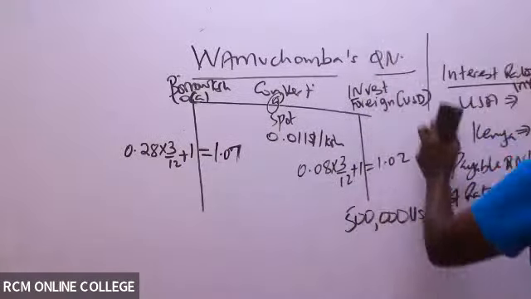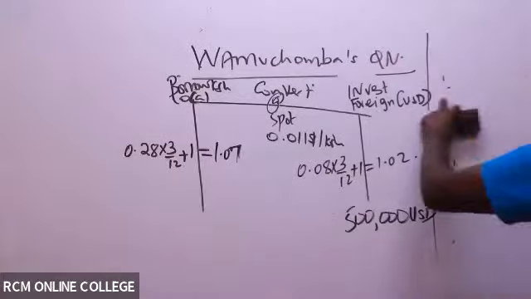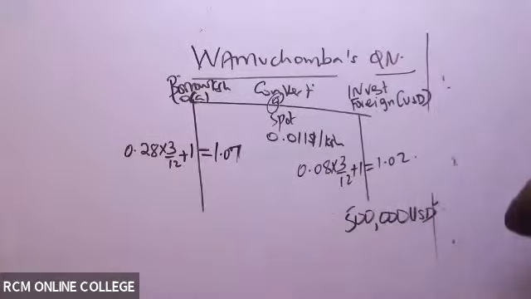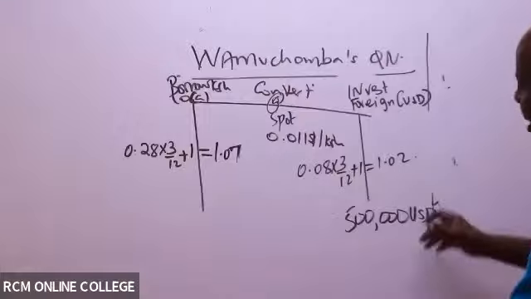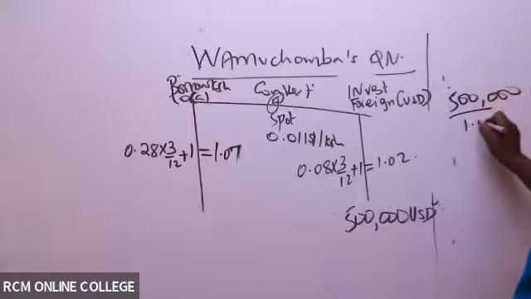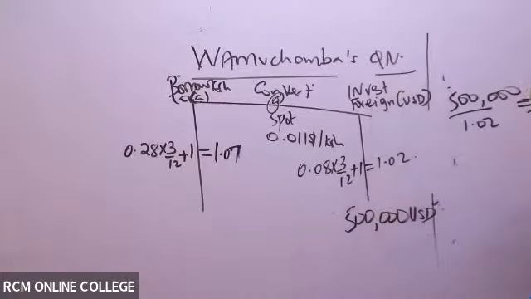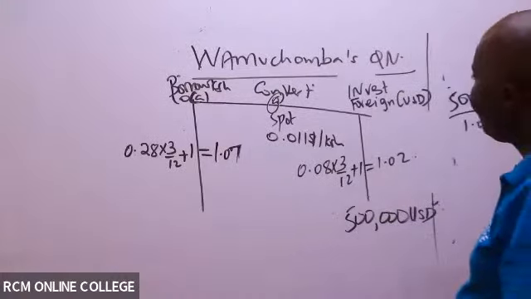When moving up, we shall always do what? Divide. Up, divide. So 500,000, divide this by 1.02.